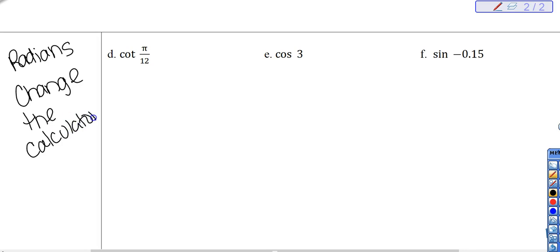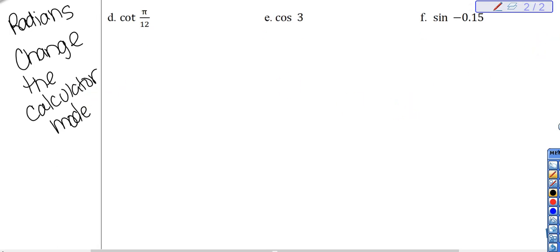Okay? All right. So cotangent of pi over 12. Well, I want an illustration. Where is that? Let me remind you what we talked about yesterday.